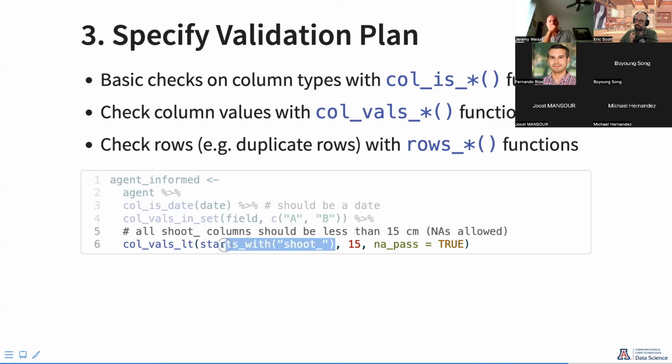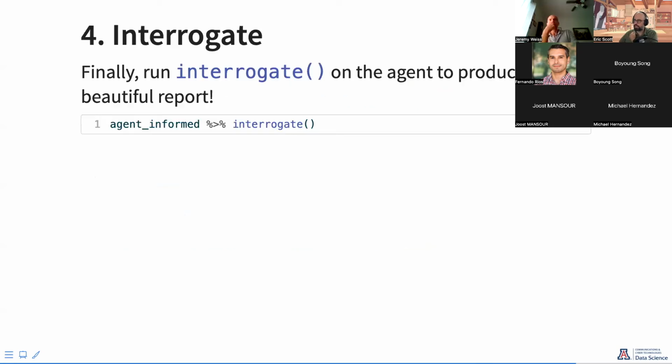So this is going to select all our columns that start with shoot_, and those are the columns that are going to do this validation. It's saying to check that the values are less than, call vals_LT for less than, 15 centimeters. But missing values are okay. They're not errors. And we'll go through this in R a second, step by step, just giving you the overview.